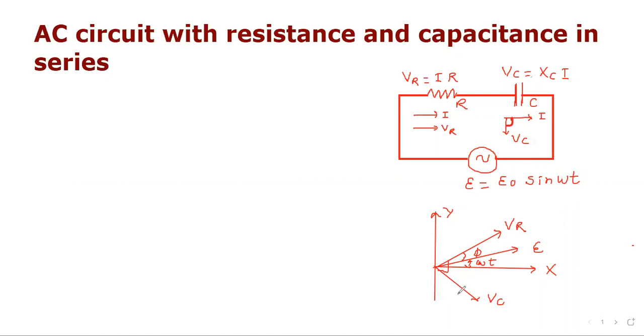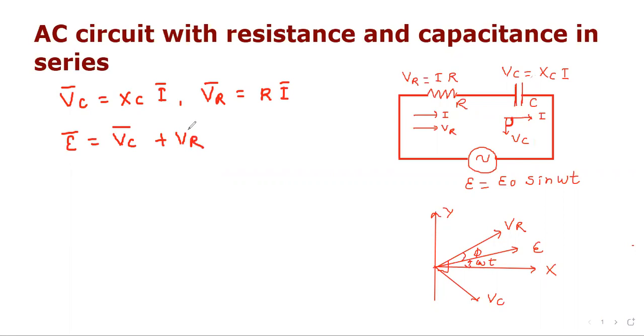So now let's write equations. In terms of vectors, I'm writing VC equal to XC times I, and VR equal to R times I. So net voltage E will be VC plus VR.